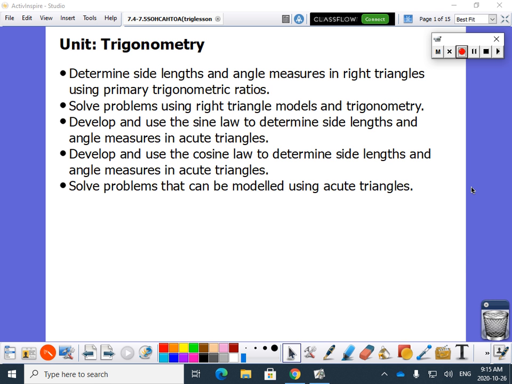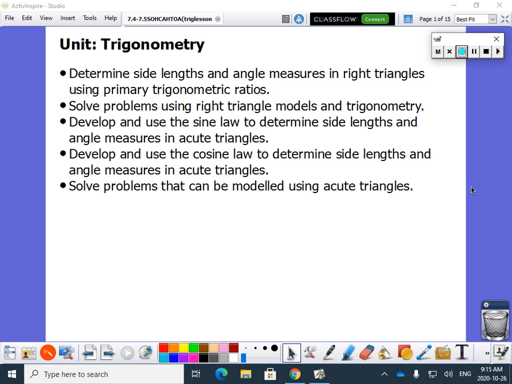And we are going to be learning new terms called sine law and cosine law, and it's these laws that we're going to be using to determine angles and side lengths of acute triangles. So we're going to be looking at right angle triangles and acute triangles, and we're going to figure out the different angles and side lengths of these triangles using trigonometric ratios and sine and cosine law.